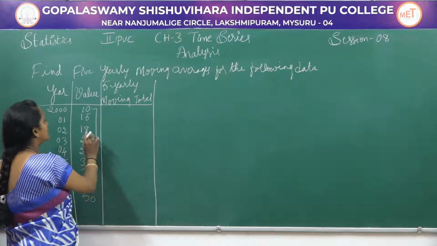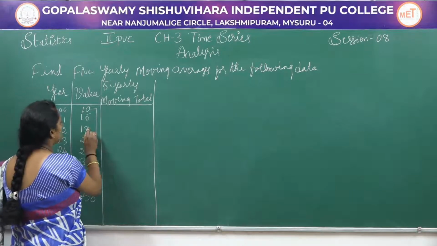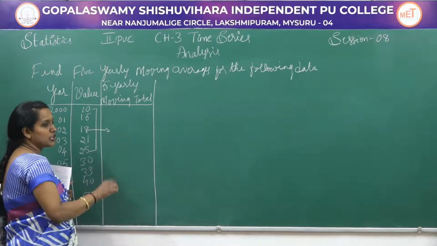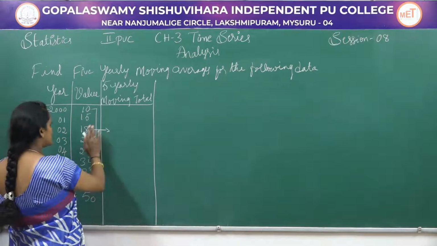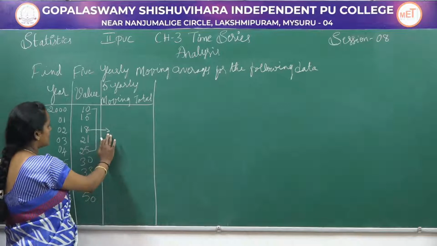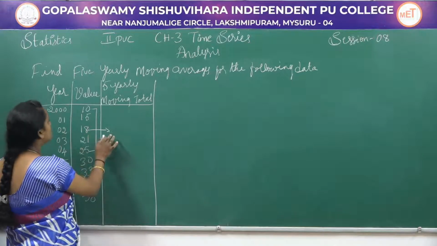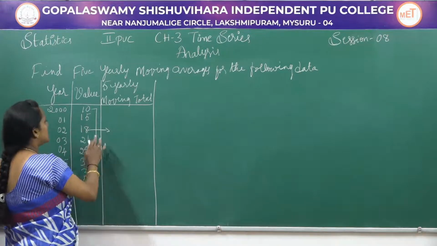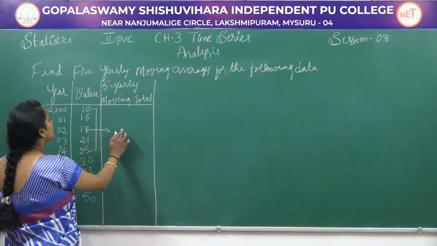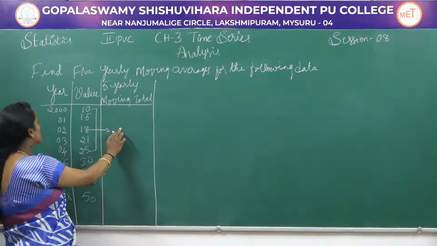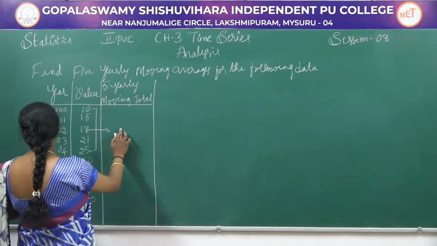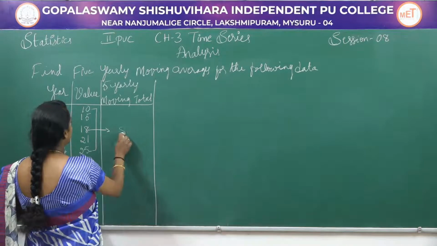So the middle one will be 18. The position for the first 5 numbers will be the middle one, that is 2002. I should add 5 numbers and write the total in the middle year, that is for 2002, and this total is 89.